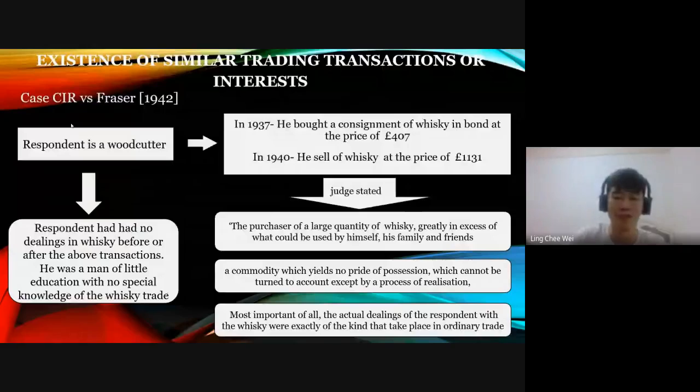So just now the team has explained about the case, so I will explain about it again. The respondent, who is the woodcutter, had not dealt in whiskey before or after the above transaction, which means that before and after this transaction of selling whiskey, he had not done it before. It was a single transaction only.